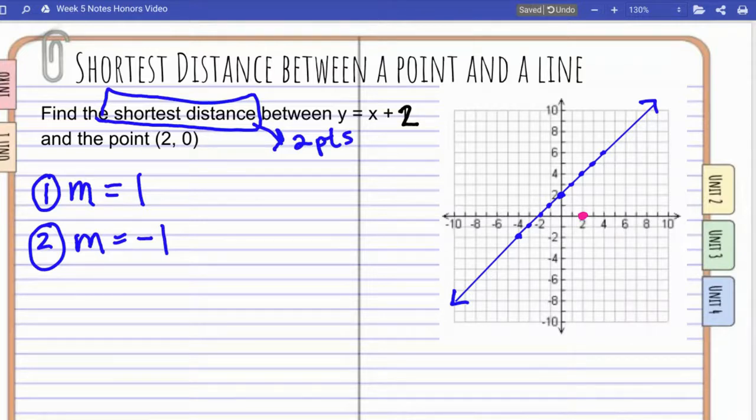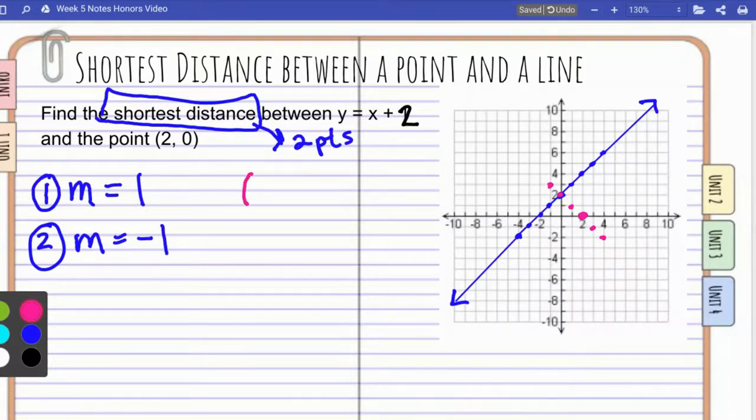So I start at my point and count my slope, which is down 1 over 1, down 1 over 1, or I can go up 1 over 1, up 1 over 1. We do that until that line hits the other line, and that happens at 0, 2.